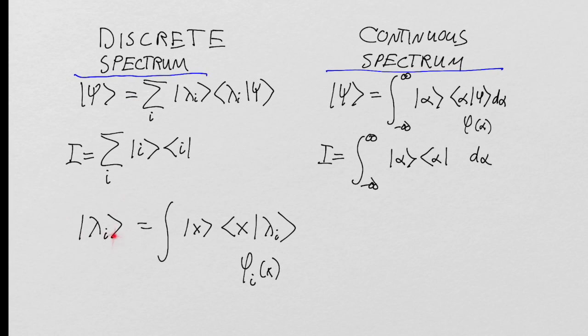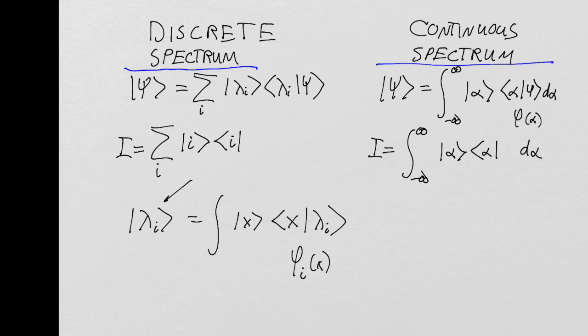But I do want to point out this important fact. Here's a good example of this. In standard quantum mechanics courses, you learn not about eigenkets, but you learn about eigenfunctions. So as an eigenfunction, this might have been presented as phi of, say, lambda I, or better yet, just phi of I. And we know that this is an eigenfunction.